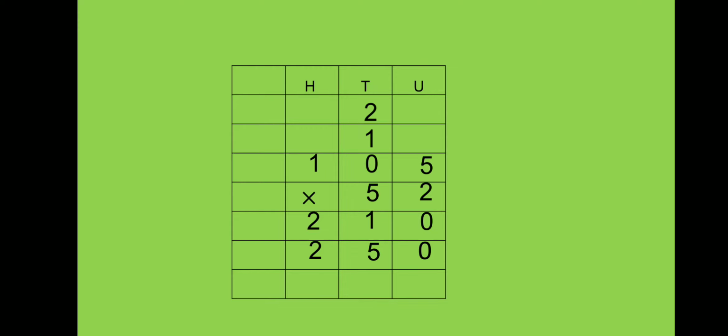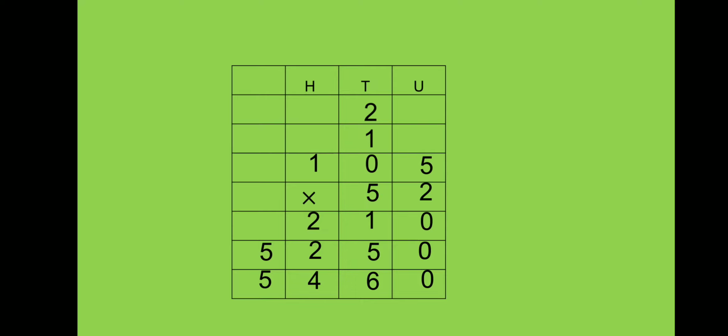So we'll write here 5. Now let's add up the numbers. 0, 6, 4, 5. So the answer is 5460. Okay, so this was about the multiplication.